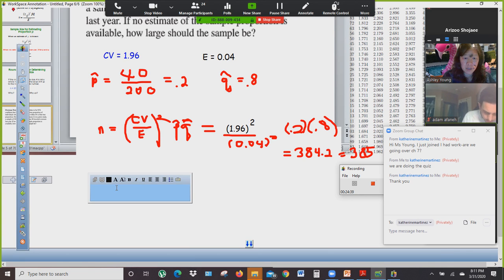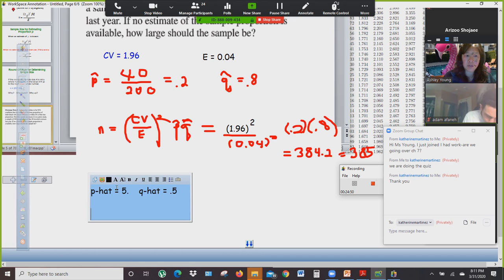Now, the second part is if you don't have any estimate of the sample proportion, then you're going to use p-hat and q-hat equal to 0.5. So here you'd have p-hat equals 0.5 and q-hat equals 0.5.